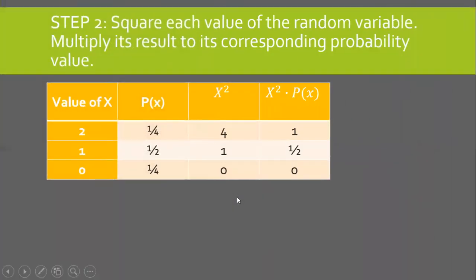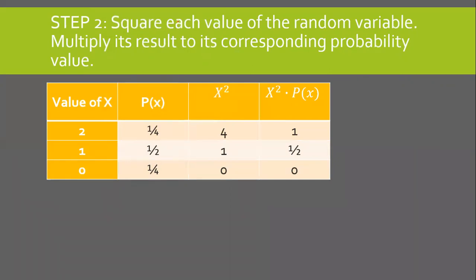Now, let's have step 2: square each value of the random variable, and multiply its result to its corresponding probability value. Originally we only have two columns, the value of x and its probability. Now you are to add two columns for x squared and the product of x squared and its probability.